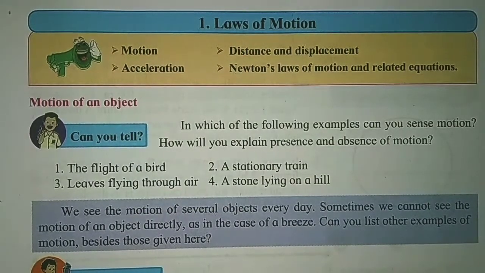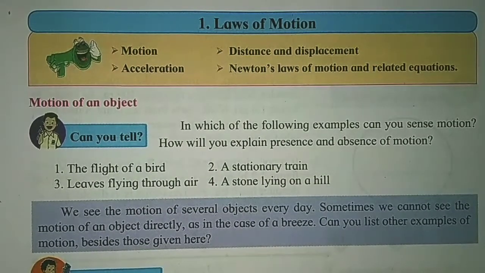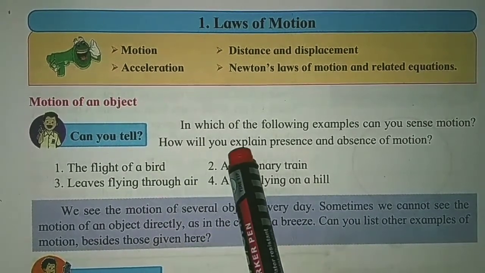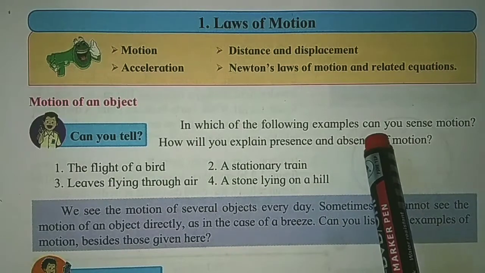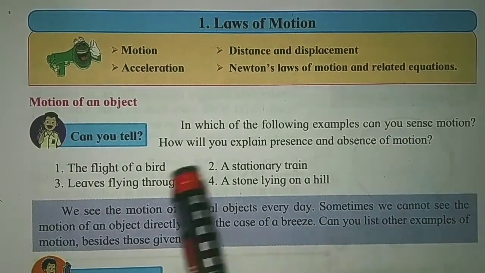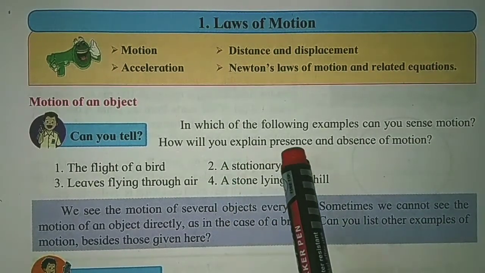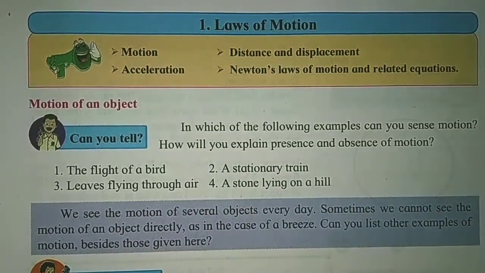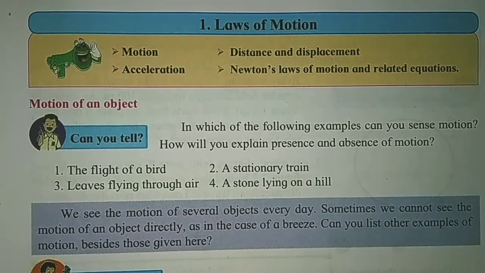So here given some questions that we have to see, think and give the answer. In which of the following examples can you sense motion? How will you explain presence and absence of motion? So here we have to sense, is there motion happening?